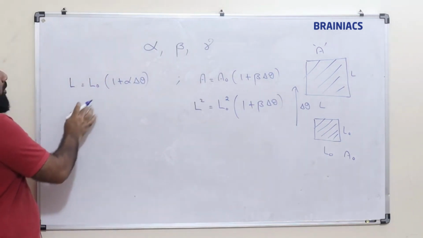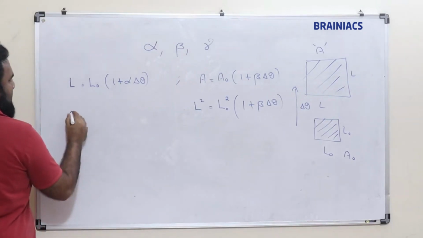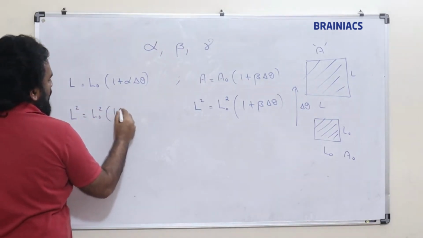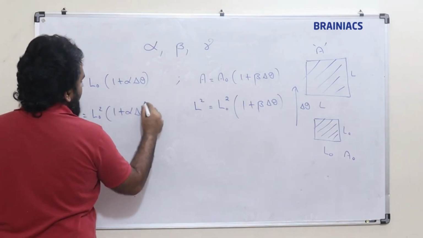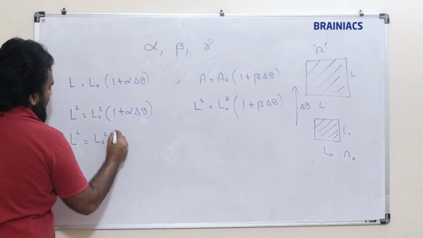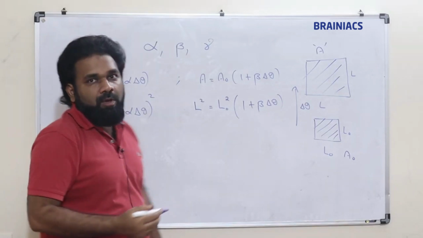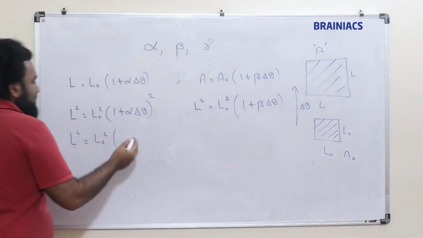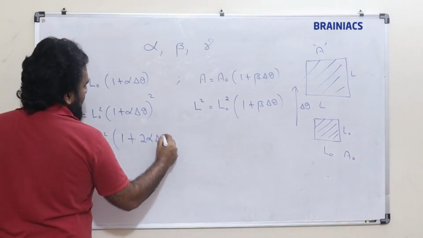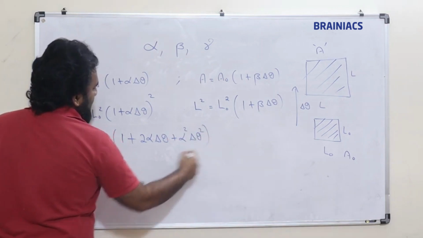So what about L square? L square is equal to L naught square into 1 plus alpha delta theta the whole square, which is in the form of A plus B all square, A square plus 2AB plus B square. So L naught square into 1 plus 2 alpha delta theta plus alpha square delta theta the whole square.